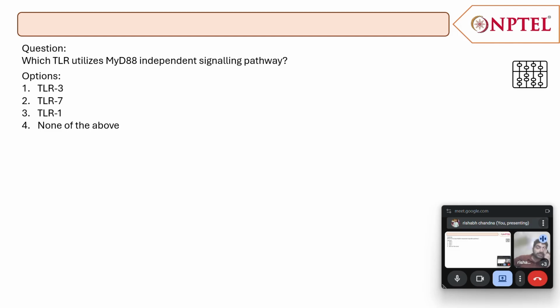Okay, so let's move on to the next question. Which TLR utilizes MyD88 independent signaling pathway? So what can be the correct answer?